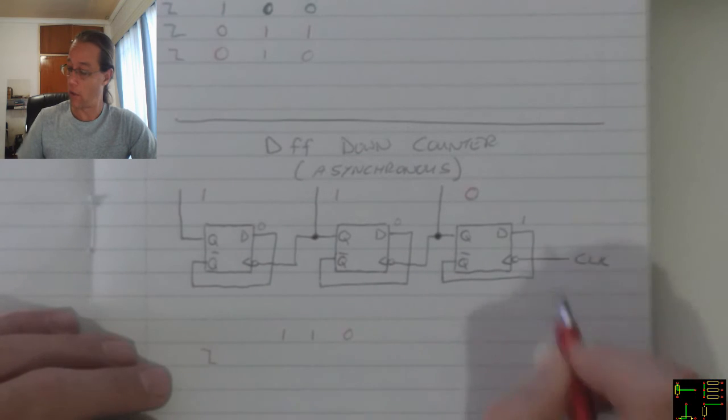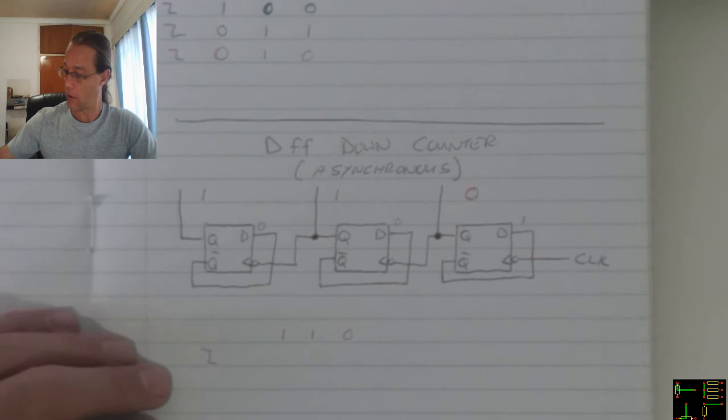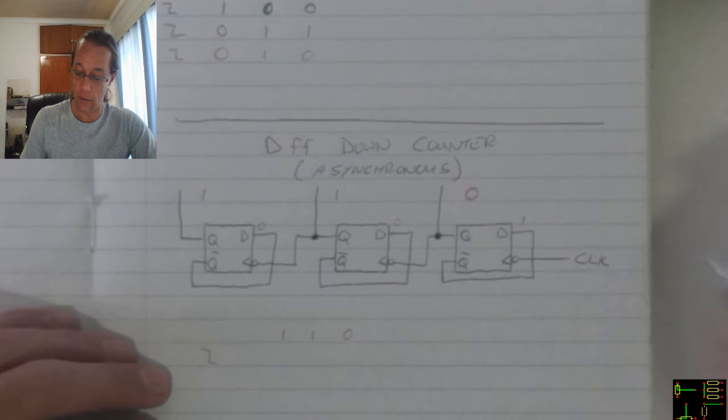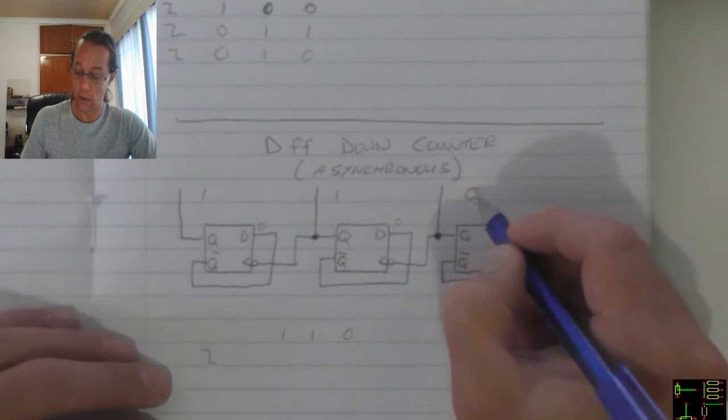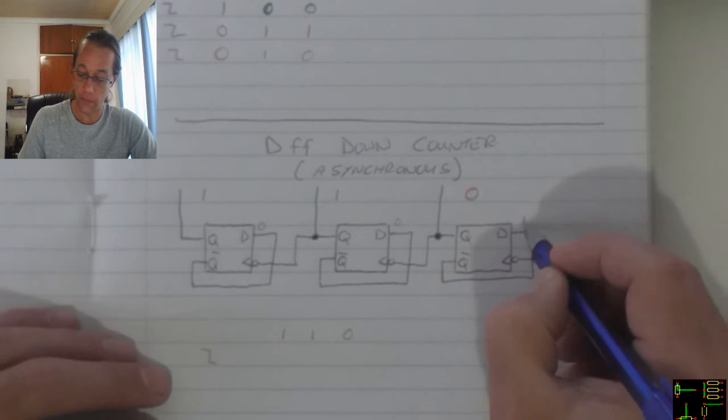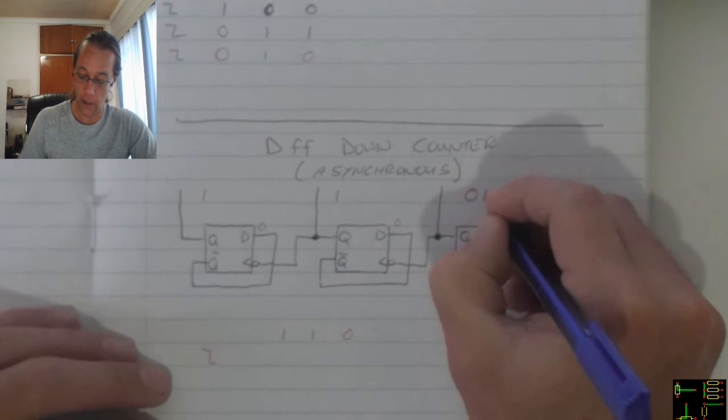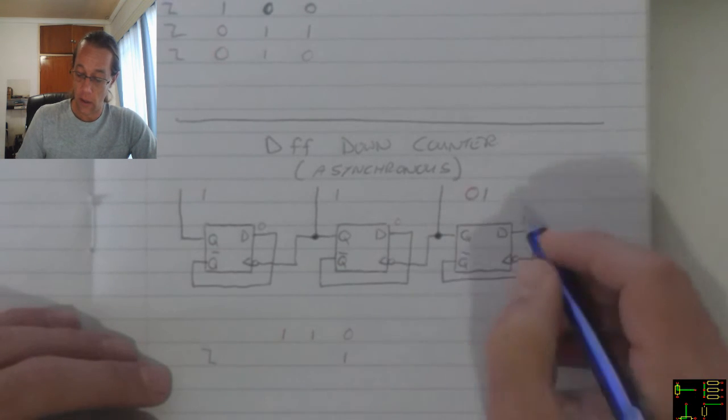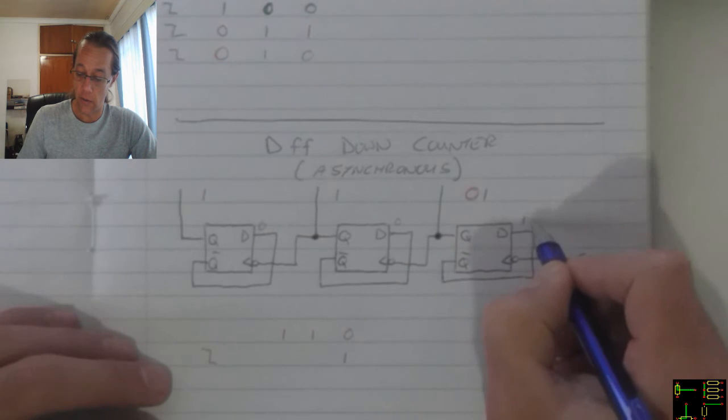So when we receive our pulse, this is going to toggle because of the 1. So that's going to become a 1 there, which means this becomes a 0.